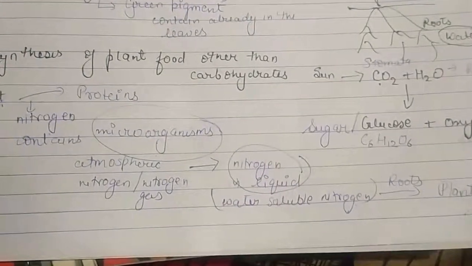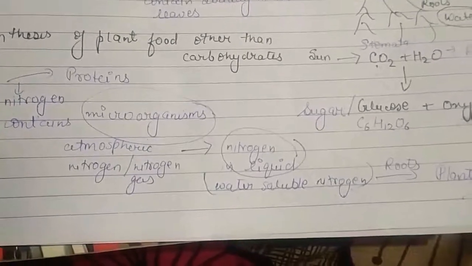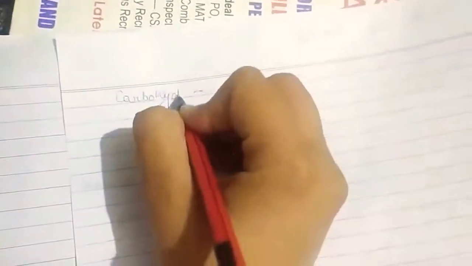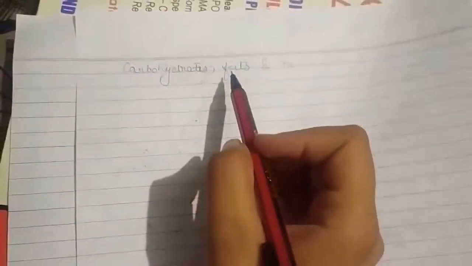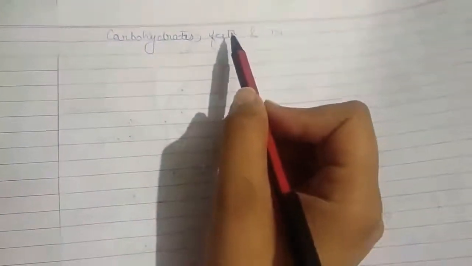Let me talk about the other nutrients that plants prepare. Plants prepare carbohydrates, fats and other important nutrients by using minerals present in the soil.